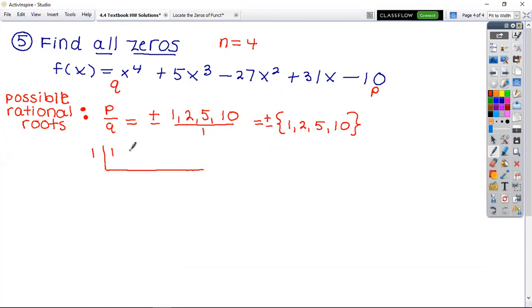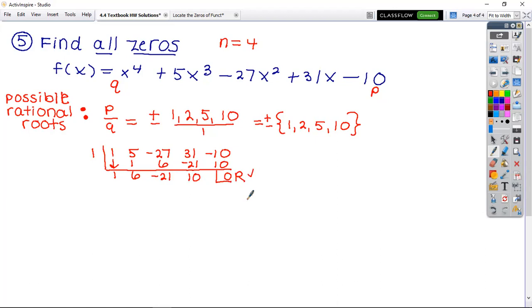So 1, 5, negative 27, 31, and negative 10. Okay, so your first value comes straight down. Multiply, add, multiply, add, multiply, and then add, multiply again, and then add. Again, you know this is supposed to work, so we're good.